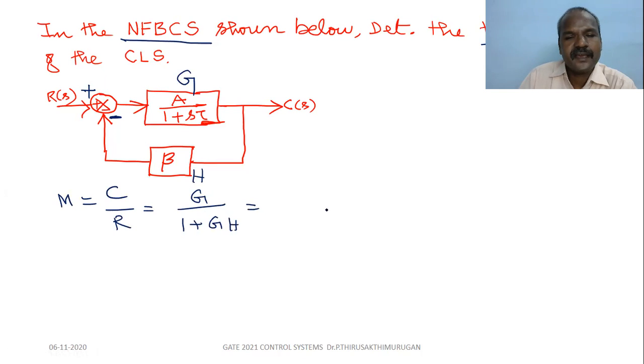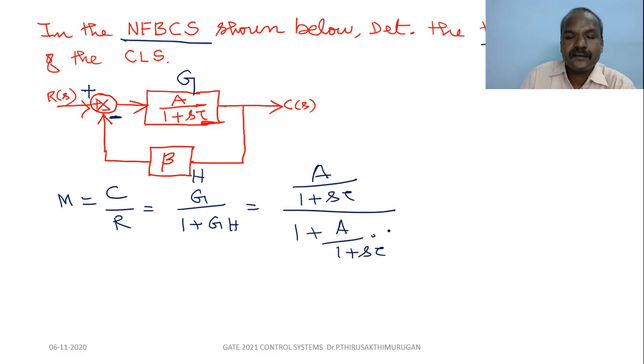Substituting here A by 1 plus S tau, divided by 1 plus A by 1 plus S tau into beta. What are we getting? A is the numerator. In the denominator, the terms cancel together, leaving 1 plus S tau plus A beta.